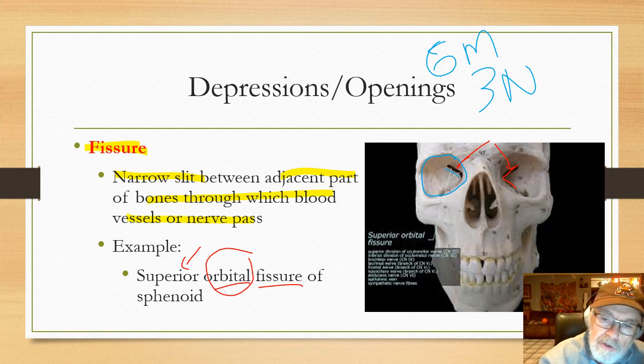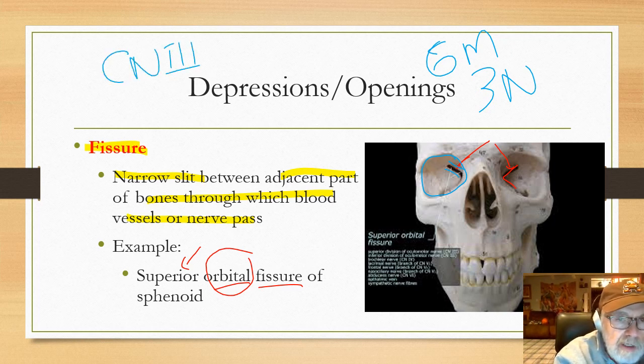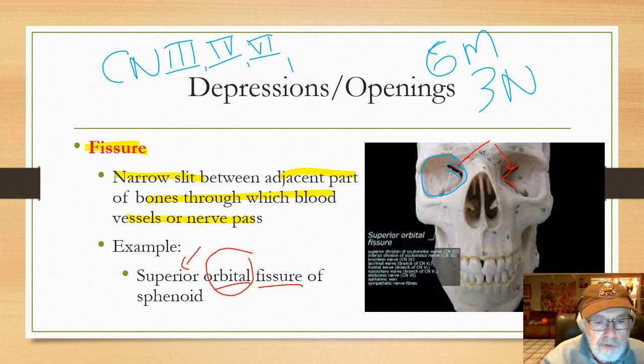They go through this little fissure. It's cranial nerve 3, cranial nerve 4, and cranial nerve 6 that actually do that. And these three nerves go to these 6 muscles in a various array to provide innervation to allow all the muscles of the eye to work to make the eye move in all different directions.